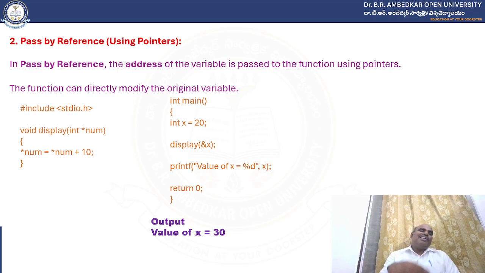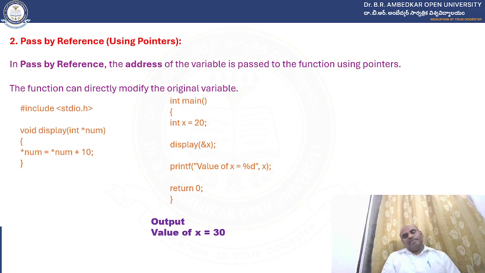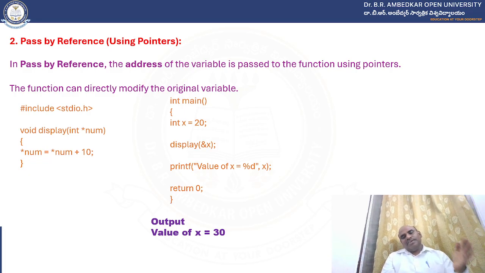Reference means we are passing the address, and then we are changing or modifying the original variable value. Where is the original variable value? The original variable value is in the main function. I told you, the right hand side is the main function and the left hand side is the subprogram function.